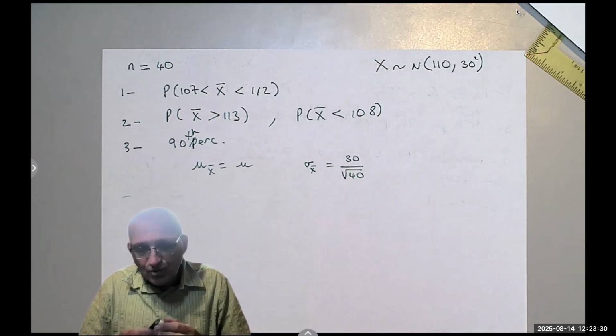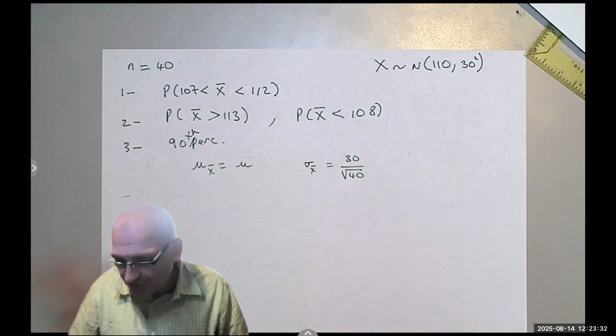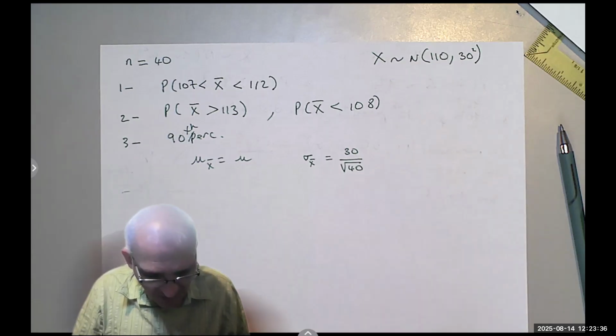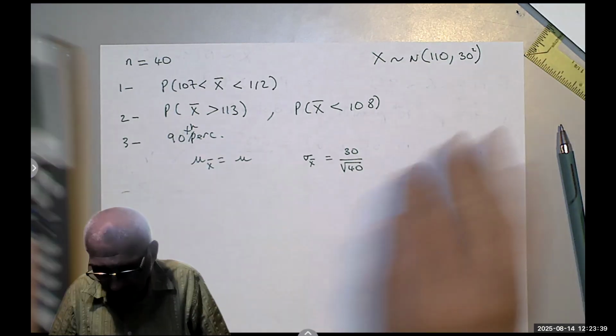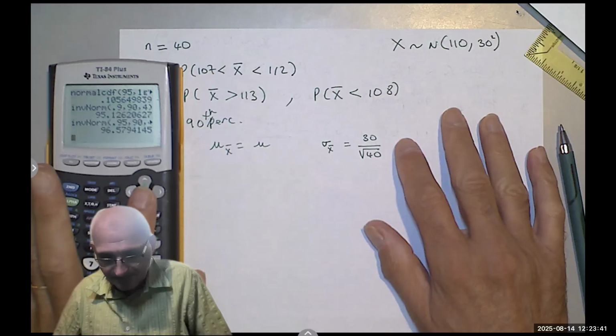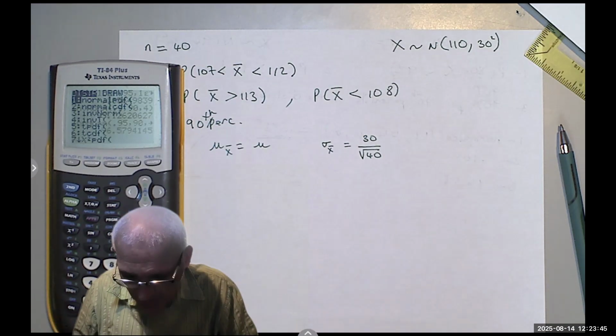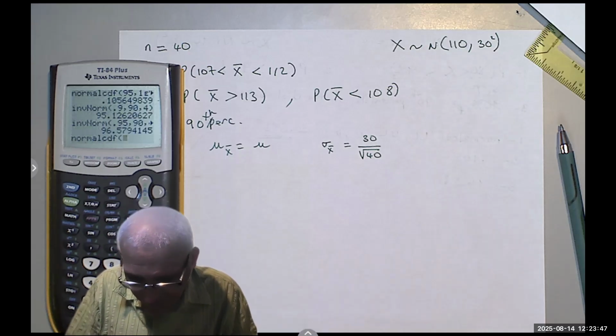Okay, so how do we do that? Of course, we are going to do it the same way, except that the standard deviation would be different. So if we come to the calculator, second distribution, we go to number 2.